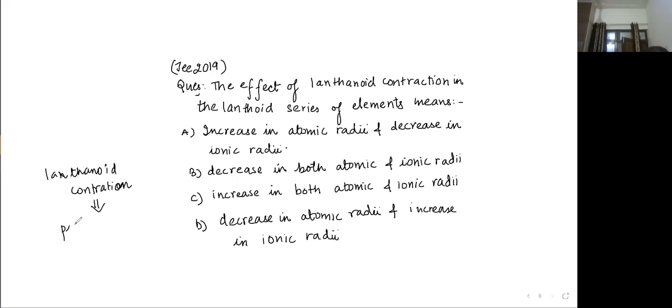that there is poor shielding of f electrons. Due to poor shielding of f electrons, the size will decrease, both atomic as well as ionic.